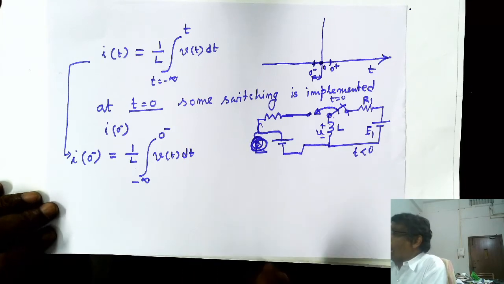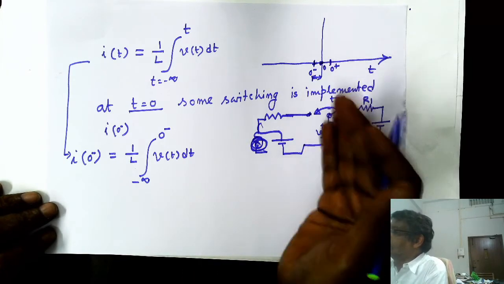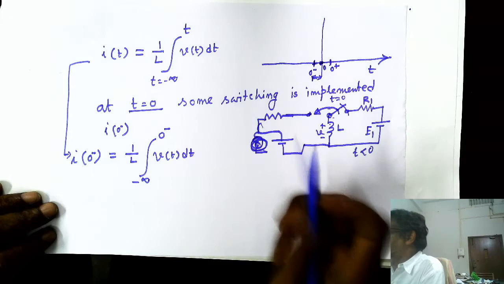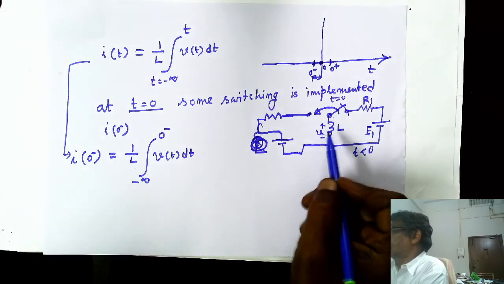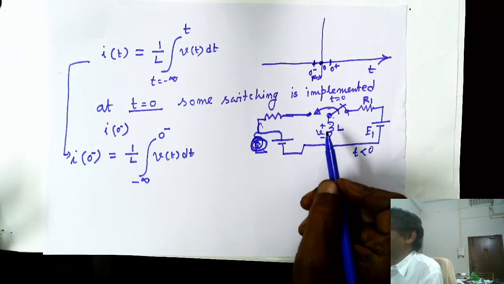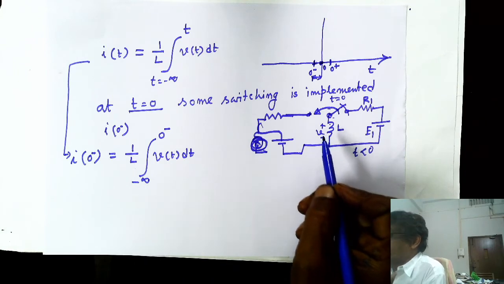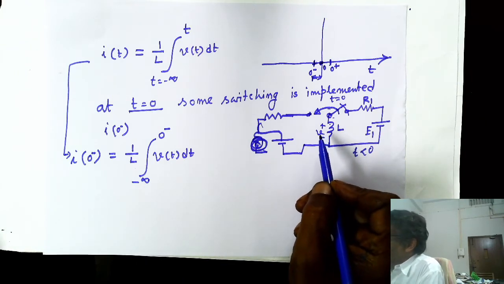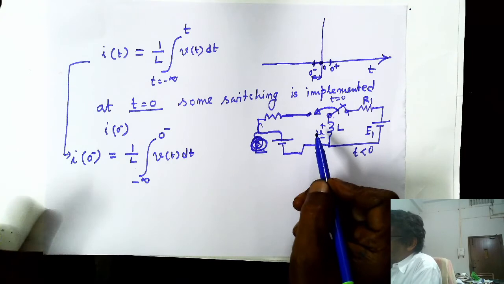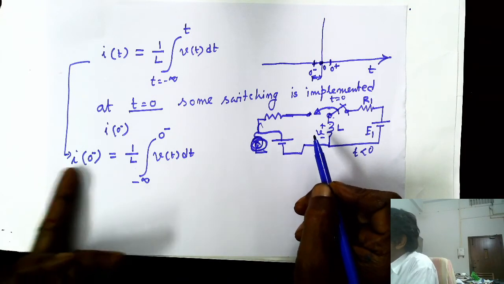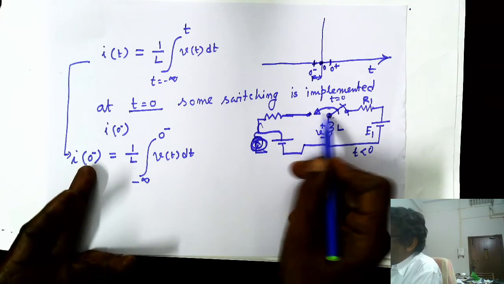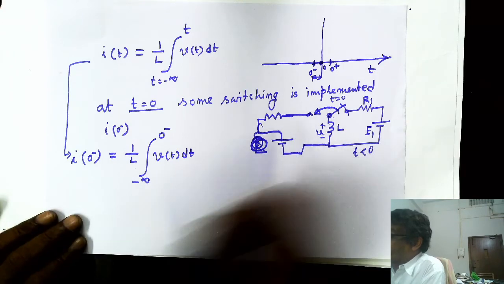Now, at t equal to 0 you have made the switching. This inductor has become part of another new environment, a new circuit, and I know how much was this i(0 minus) when I connect it here.